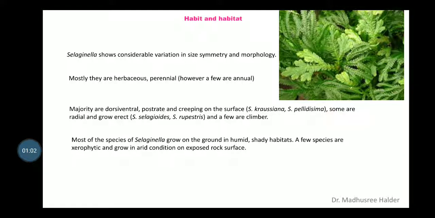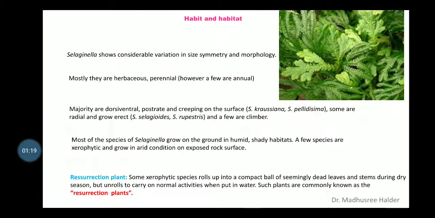Most species of Selaginella grow on the ground in humid and shady habitats. A few species are xerophytic and grow in arid conditions on exposed rock surfaces. On the basis of habitat preference, some species are known as resurrection plants.